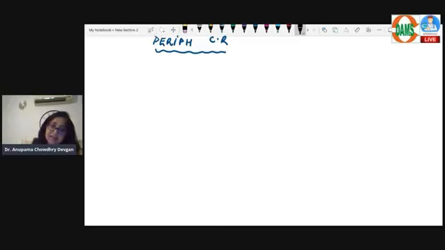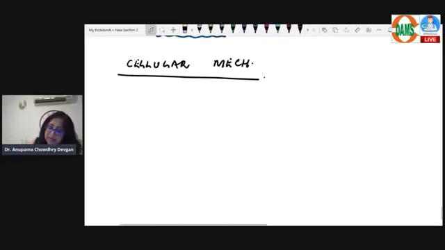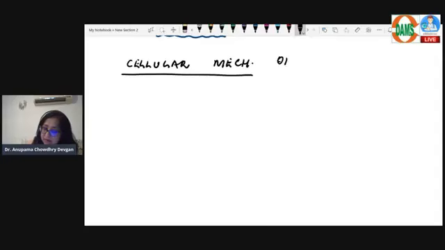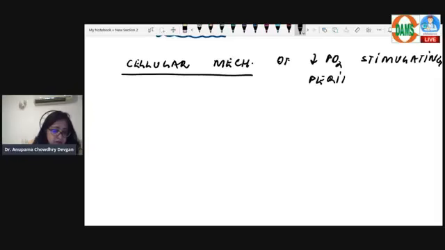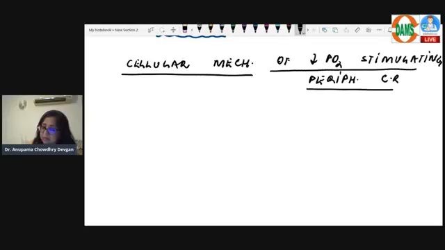Let's look at the cellular mechanism of how decreased PO2, or hypoxia, stimulates the peripheral chemoreceptors.